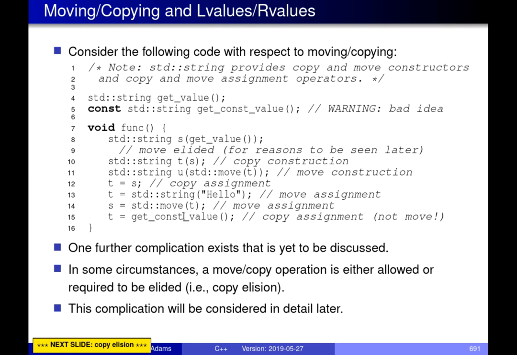It's still an R value expression no matter what. But then the compiler says, well, can I do a move or copy here? It would say, well, I'm inclined to do a move. It's an R value expression. It's safe to do a move, but it can't. The reason it can't is that if it tries to move from this thing, it probably needs to modify that thing, but it can't modify it because you said the return value is const.